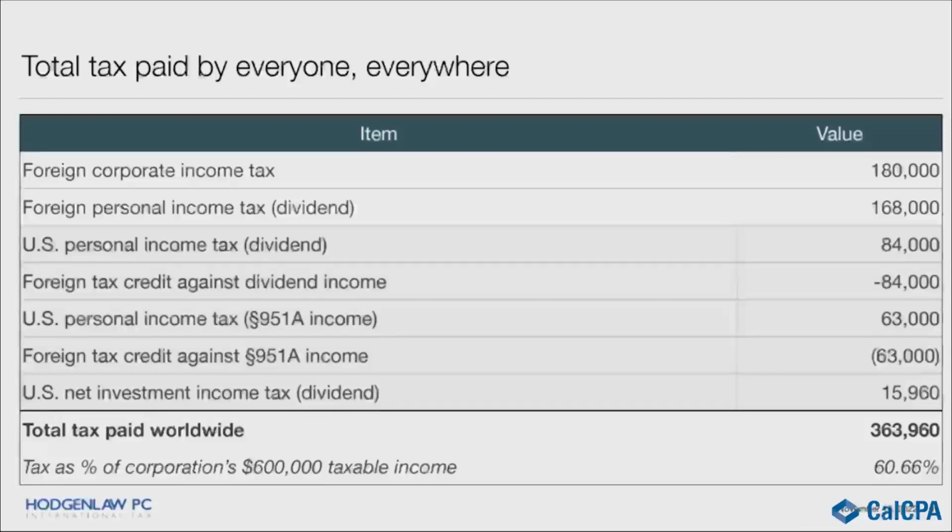And I wanted to show you how largely, except for the net investment income tax liability, all of the U.S. tax liability washes away. The dividend income liability washes away because it's offset by the direct foreign tax credit. And the U.S. personal income tax on the global intangible low-taxed income, again, is washed out by the indirect foreign tax credit of Section 960. So it's a good result.